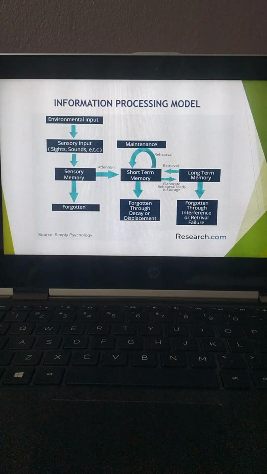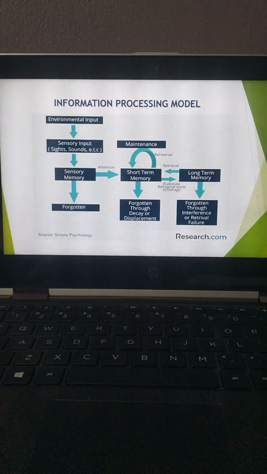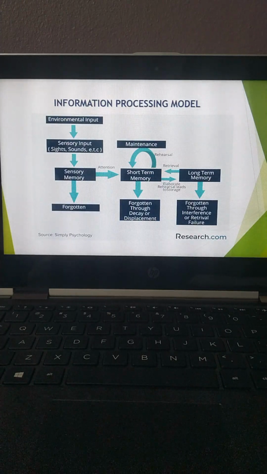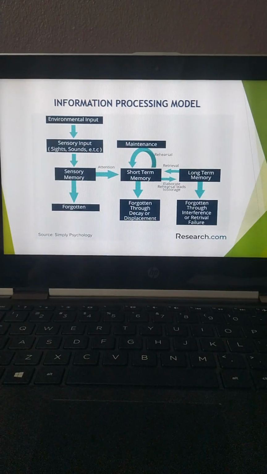And even at the long-term memory, there could be a situation where a particular information can be forgotten. It could be due to interference or retrieval failure. There are some particular diseases or sicknesses that could lead to information loss.